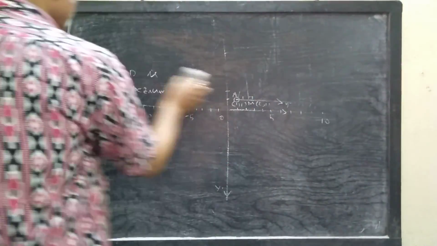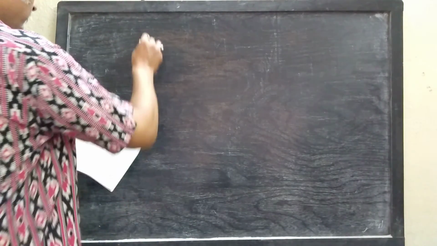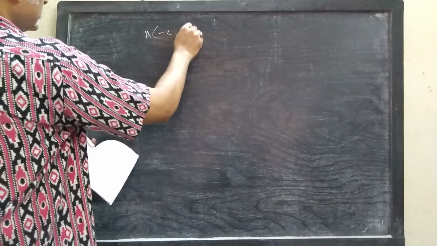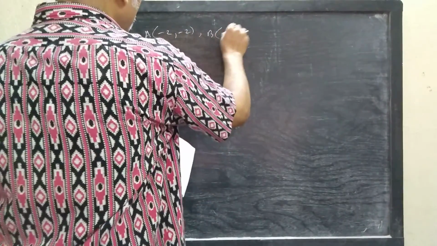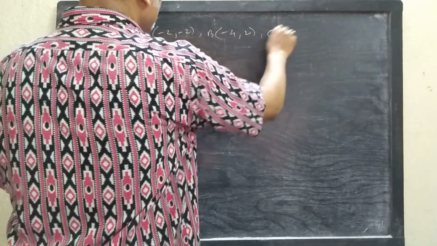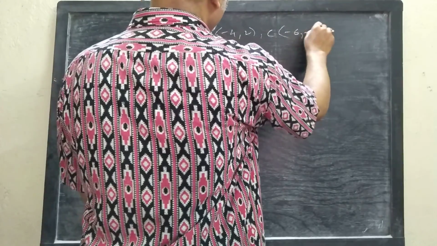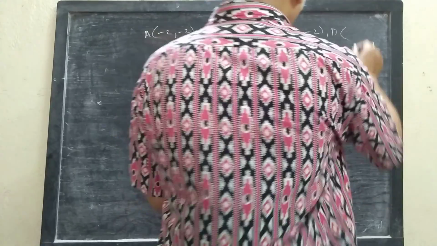Now take this problem as homework. You will do it on your own. Plot the points A minus 2, minus 2, B minus 4, 2, C minus 6, minus 2, D minus 4, minus 6.